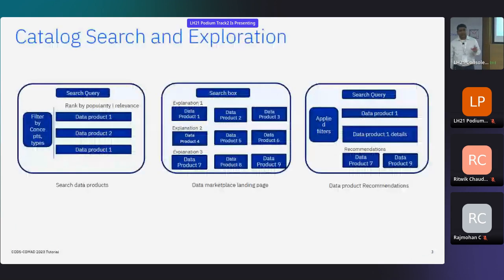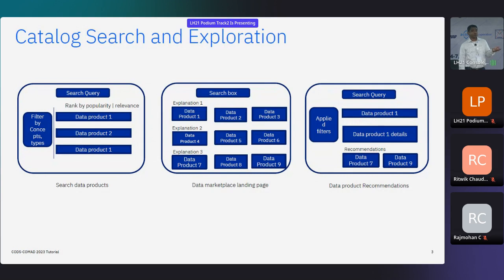There are three things that I mainly want to talk about. All of you are already familiar with this: what do we mean by search and exploration in the data marketplace? Search is probably easy for everyone, very similar to a web search. You're looking for data sets or any kind of data using keywords.